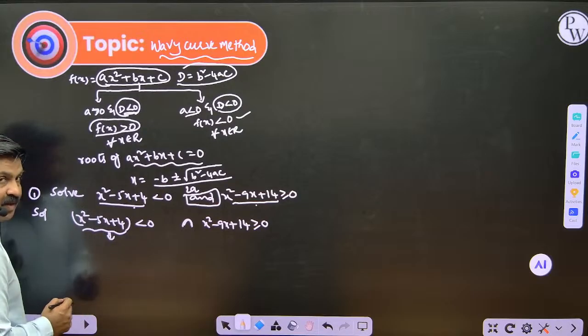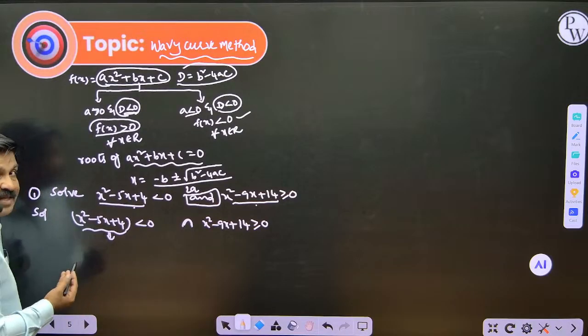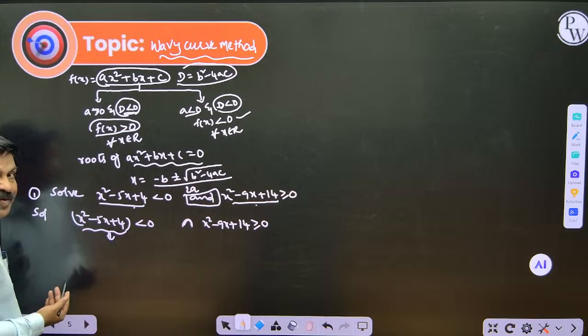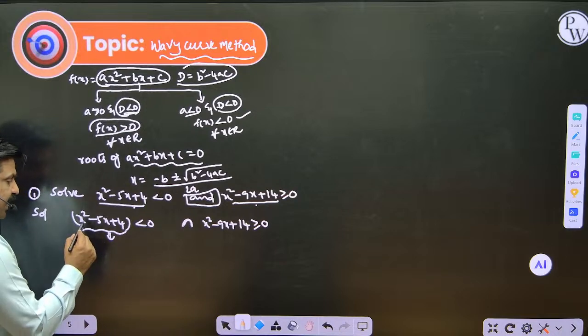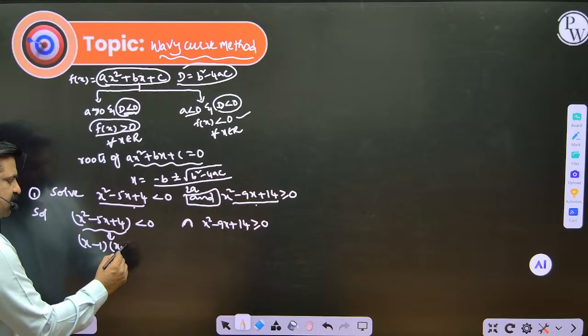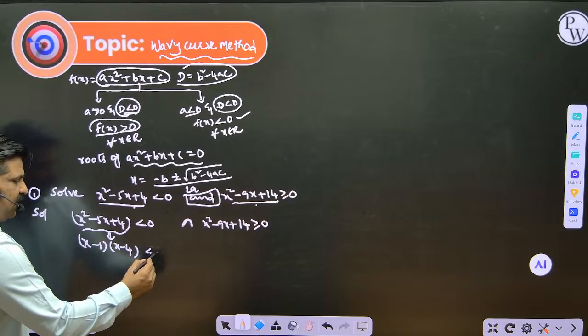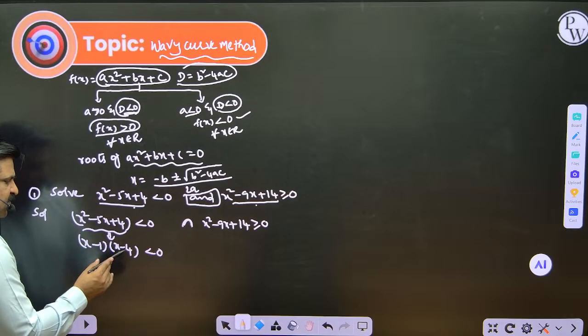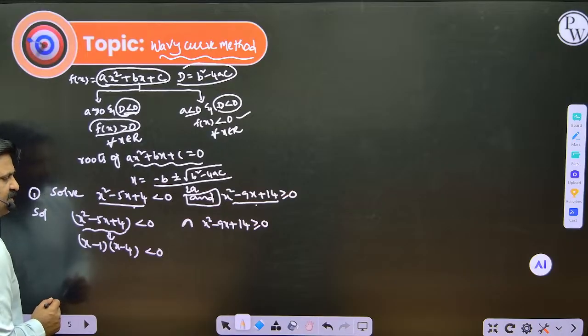So it has how many factors? Two factors. First try to split into two factors. How can I split it as two factors? x minus 1 into x minus 4 less than 0.